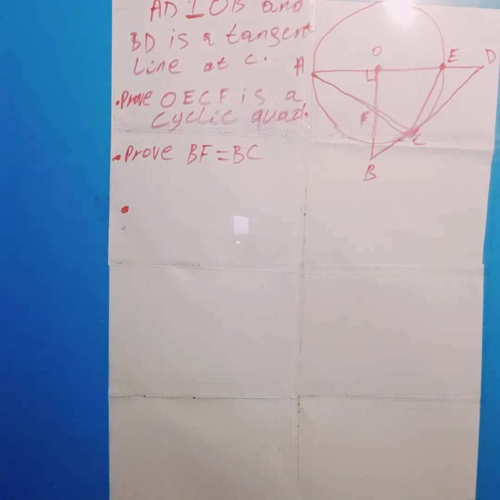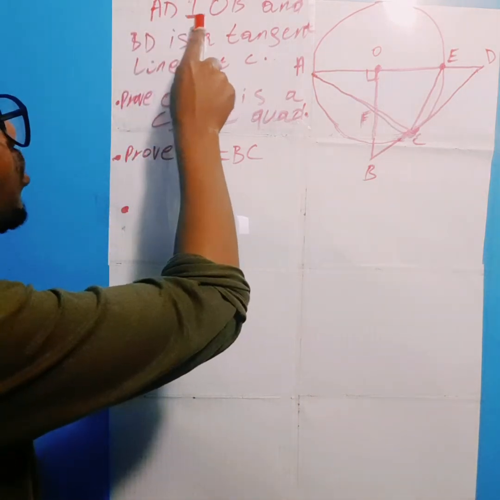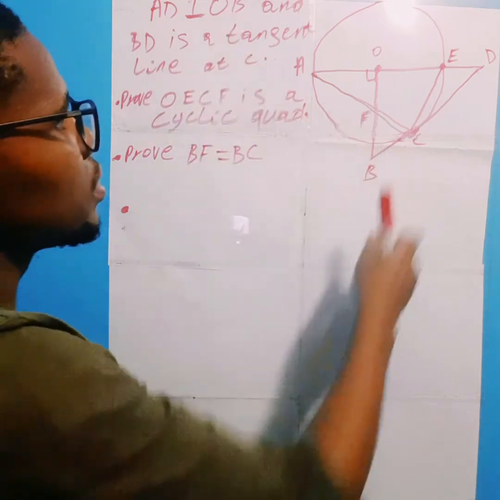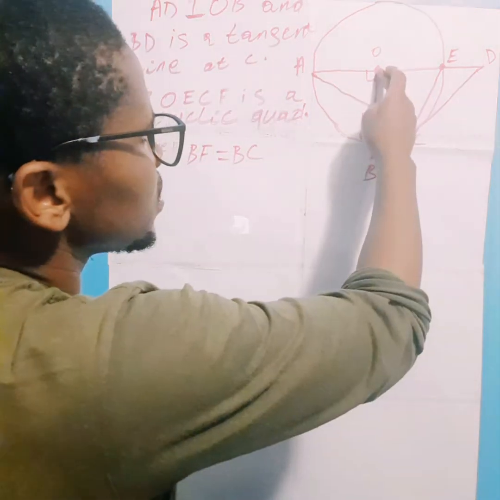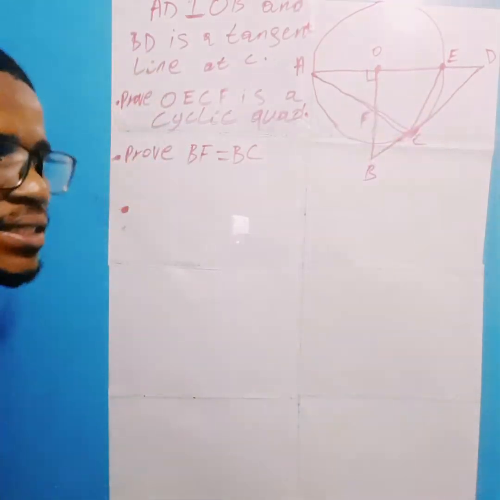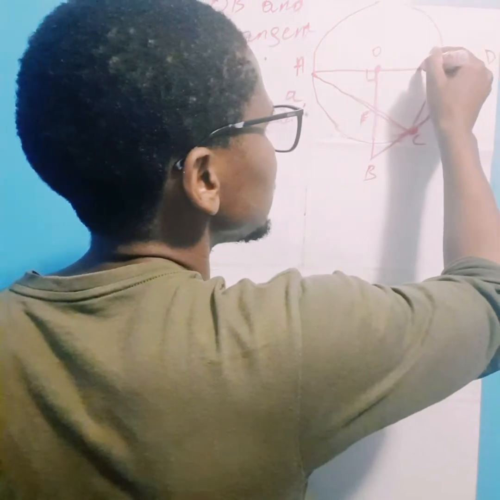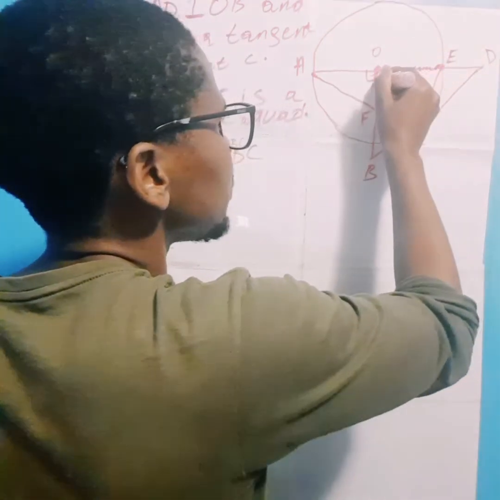The very first angle is given in the statement. The fact that AD is perpendicular to OB means that this angle inside here is equal to 90 degrees. So the reason is just given in your statement there.